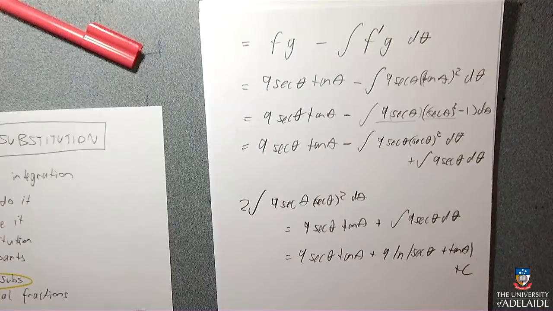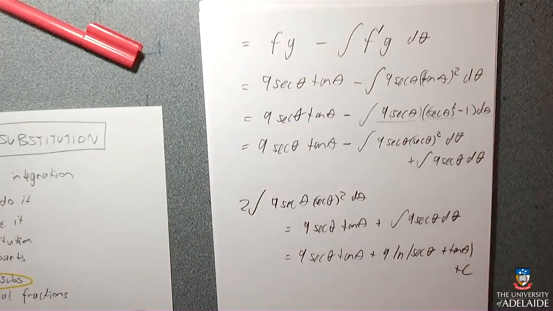The integral of sec theta is ln of sec theta plus tan theta. Just so random things know, I know all the words to most of the songs in the Matilda soundtrack, and I also know what the integral of sec theta is.